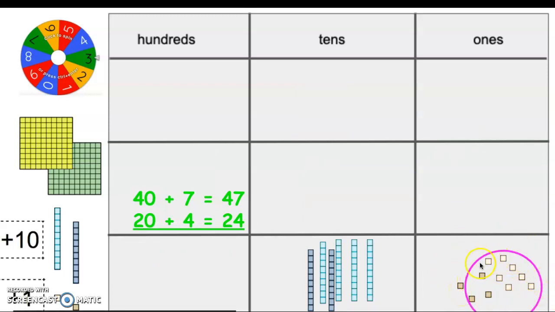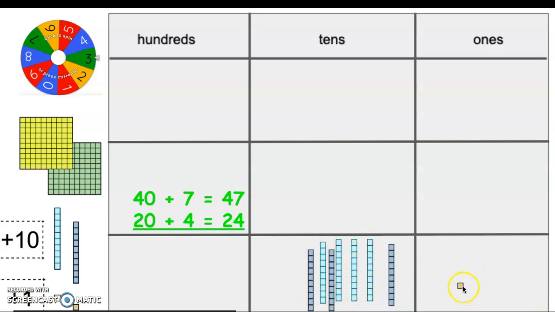But we can group these 10 ones. Can we exchange it for something? That's right, we can exchange it for 1 more rod of these. So I'm going to exchange these 10 ones, take them away, and exchange it for 1 rod. And instead of having 6 rods here, how many will I have? That's correct, I'll have 7 rods.